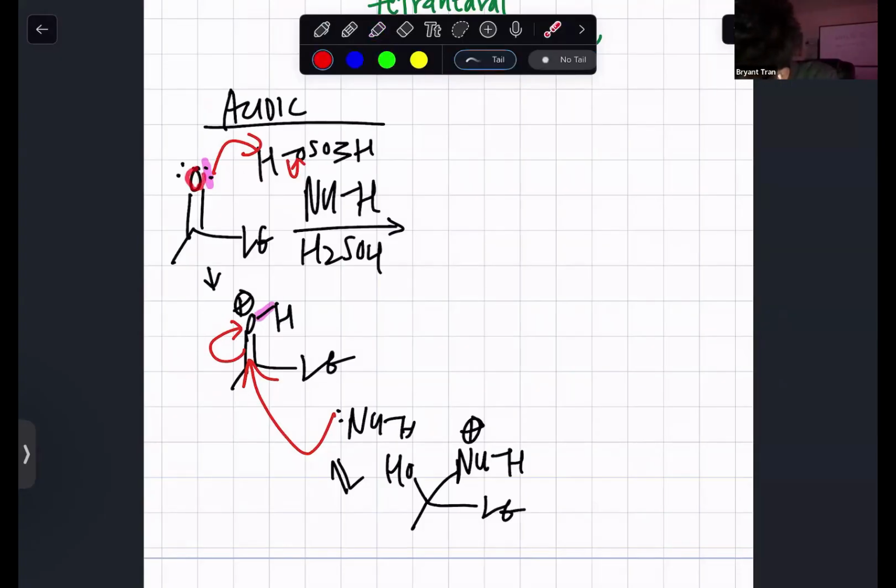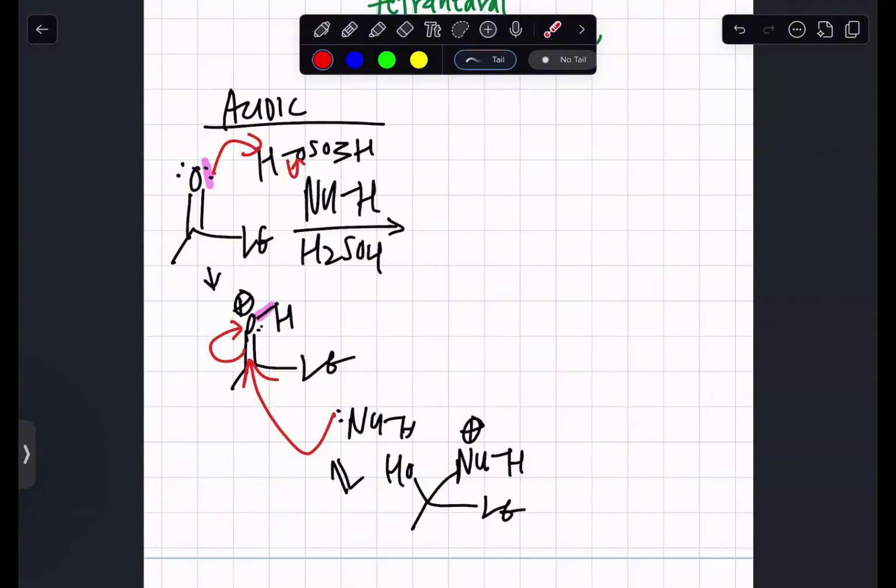This oxygen here is neutral with 2 bonds and 2 pairs of electrons, but now the new oxygen has 3 bonds, 1, 2, 3, and 1 pair of electrons, which makes it positively charged. Right. And then the nucleophile is able to attack that spot right here. Correct. Okay, that makes sense.